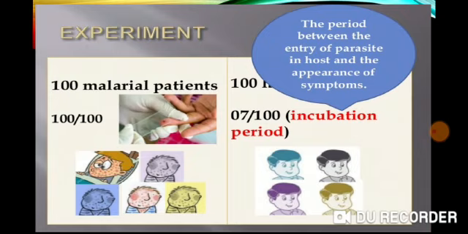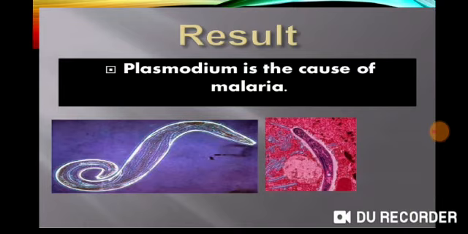So it was discovered that not all people having plasmodium in their blood have malaria. So the result is that plasmodium is the cause of malaria, and the mosquito is the vector of malaria.